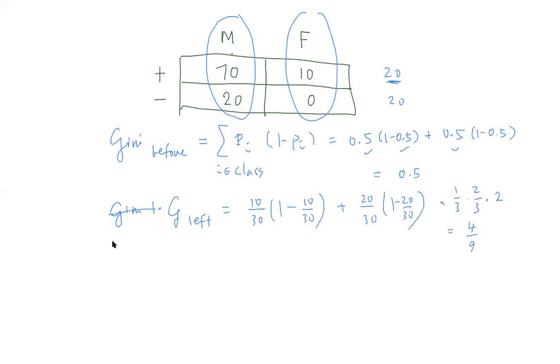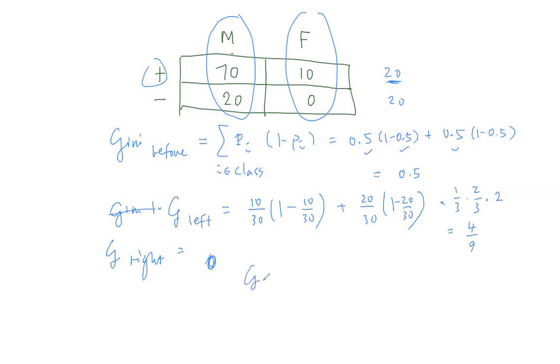And the Gini on the right is basically 0, because there's no impurities. It's just made out of one type, one class. So Gini on the right is 0.